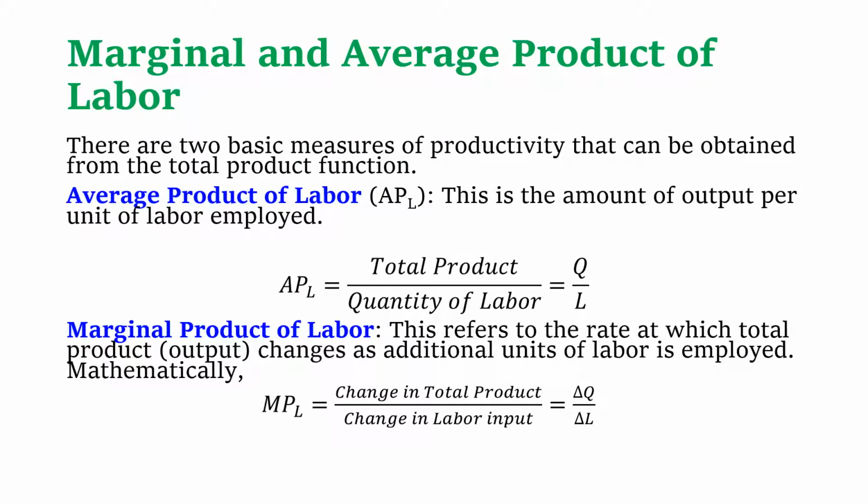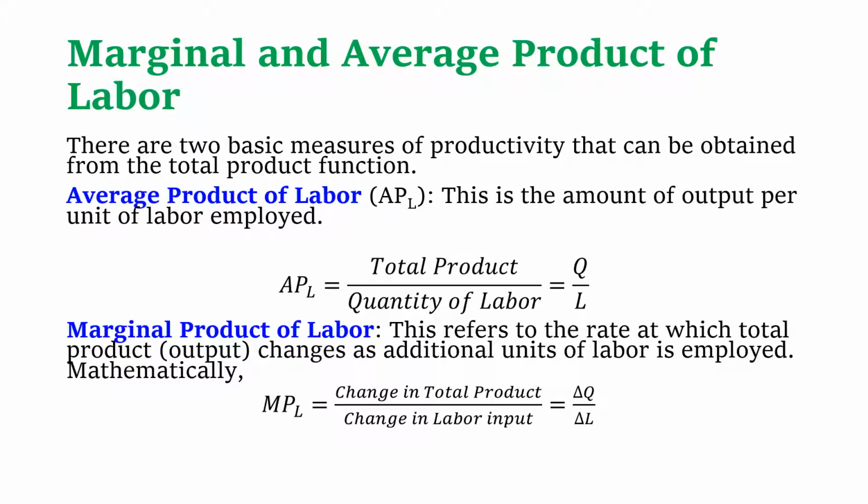Now, let's move on to marginal and average product of labor. There are two basic measures of productivity that can be obtained from the total production function. The average product of labor, which is APL, is the amount of output per unit of labor employed.